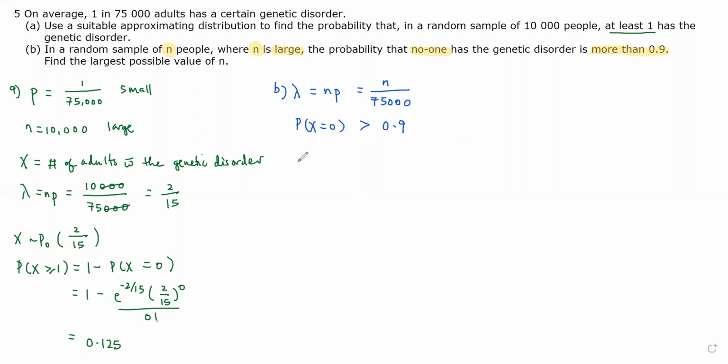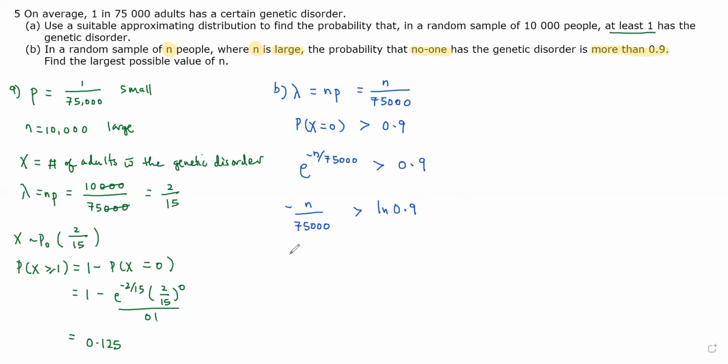So we have e to the negative n over 75,000 greater than 0.9. We can take log on both sides. Taking log on both sides, we have negative n over 75,000 greater than log of 0.9.